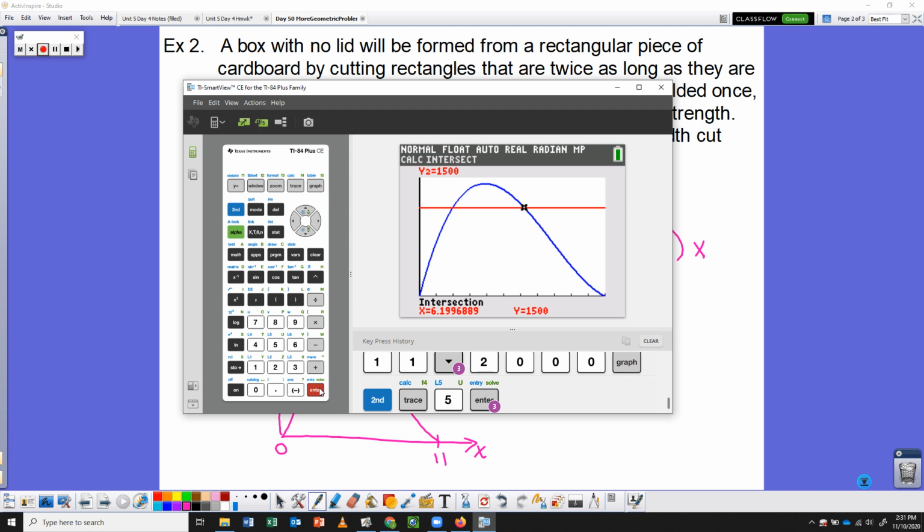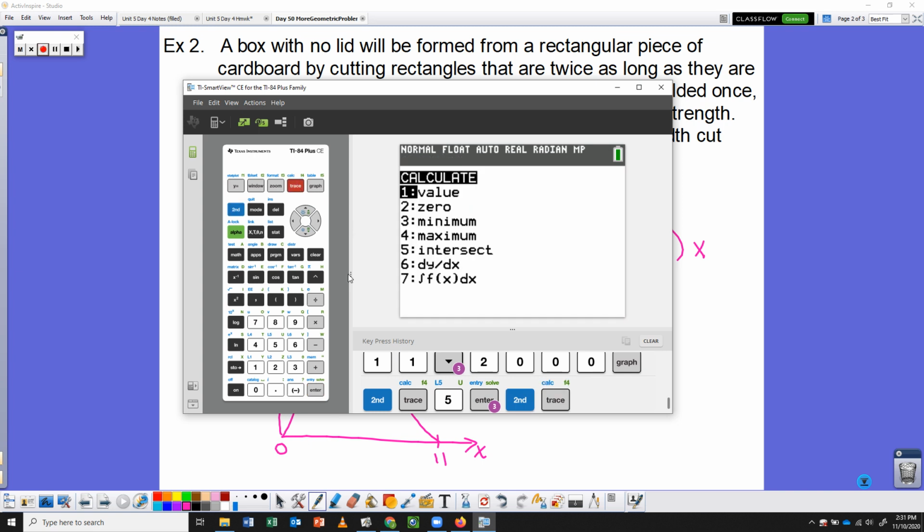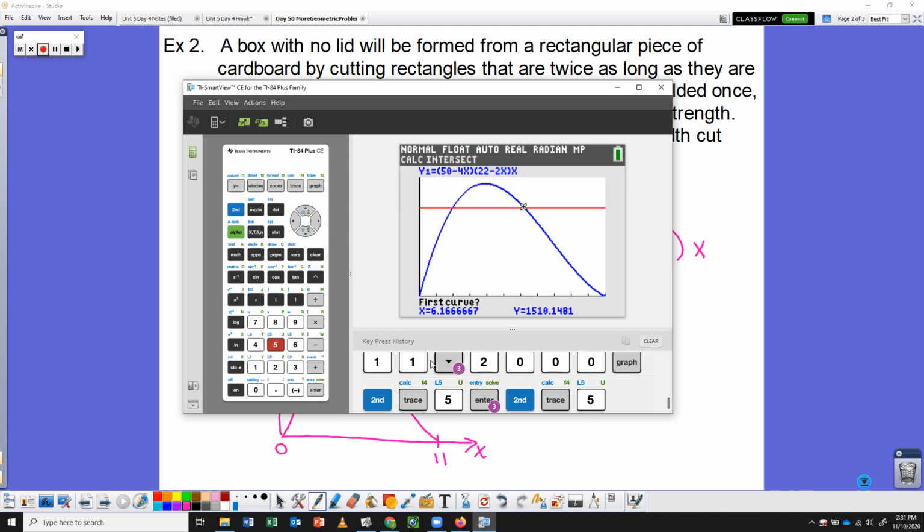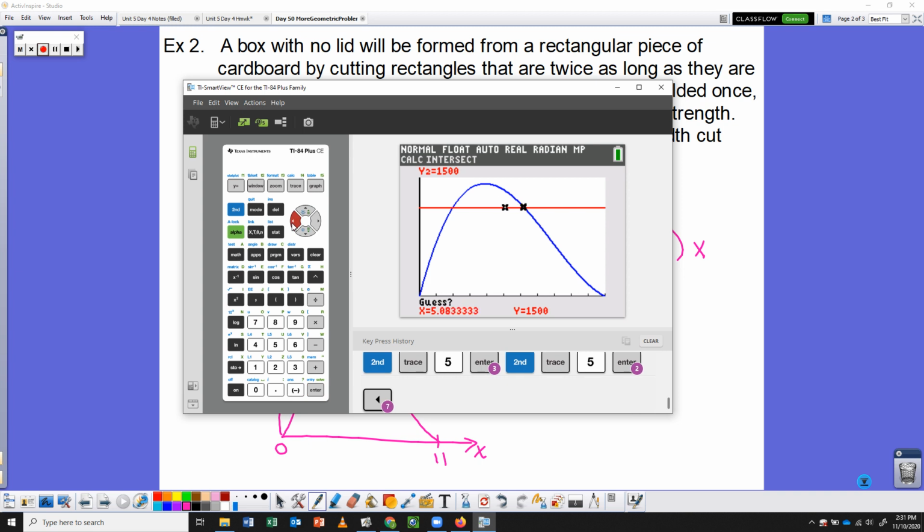And then if we go back and redo that again, second trace, option number 5, to find a point of intersection. What do you want to be your first curve? What do you want to be your second curve? This time for an initial guess, I'm going to use the left arrow, and I got to get my initial guess way further over to the left so I can find the other answer, which is apparently at 1.97. Round it off.